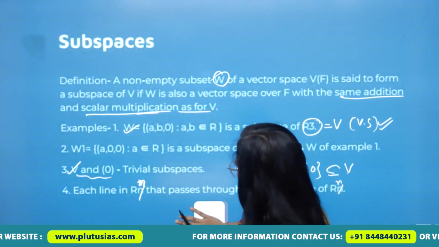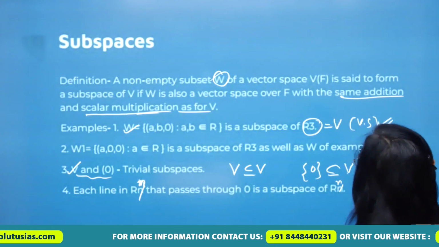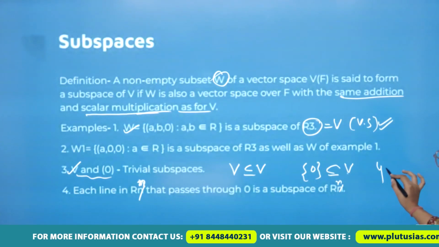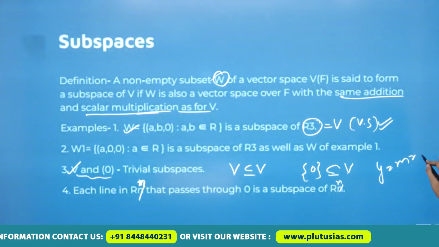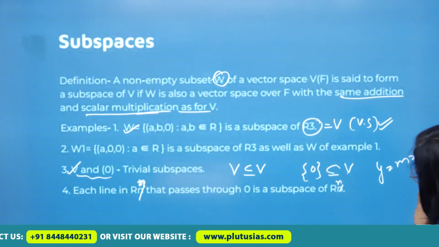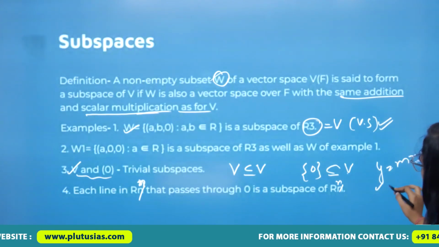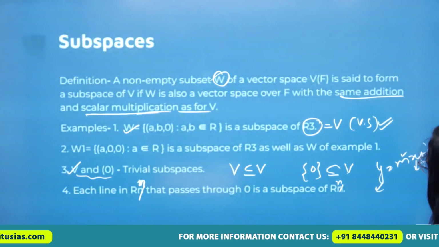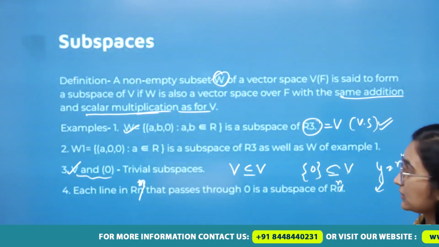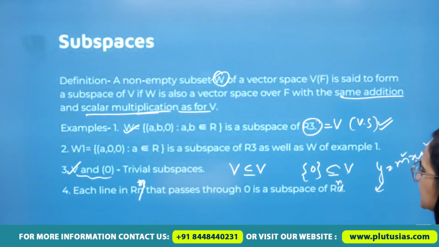What is the definition? What is the equation of a line? y is equal to mx plus c, and we are saying that it belongs to Rn. That means y is an n-tuple, x is an n-tuple, and m and c are scalars, right? This is the condition, and we have to prove that this is a subspace.